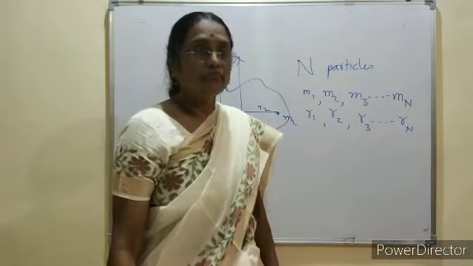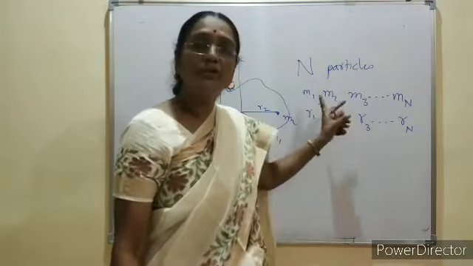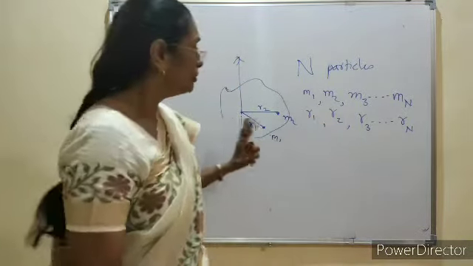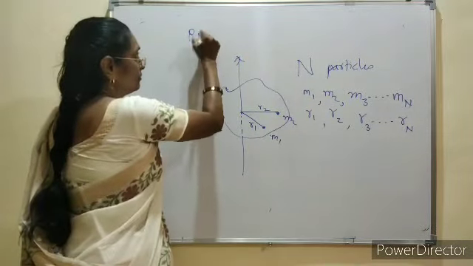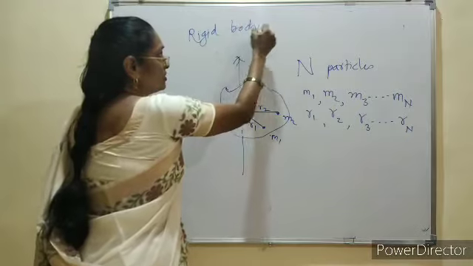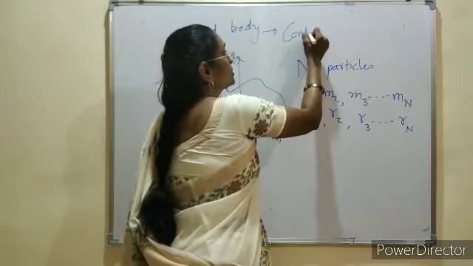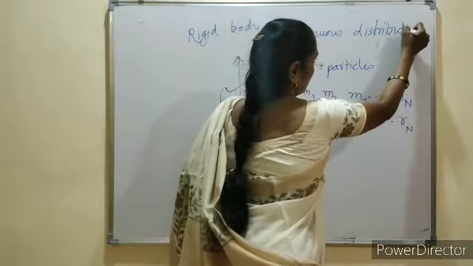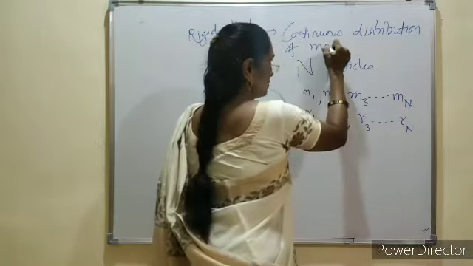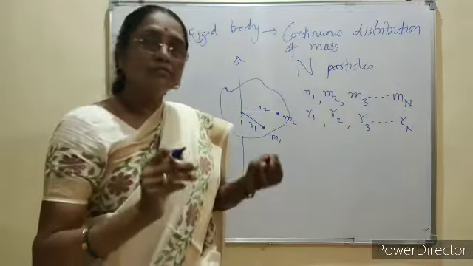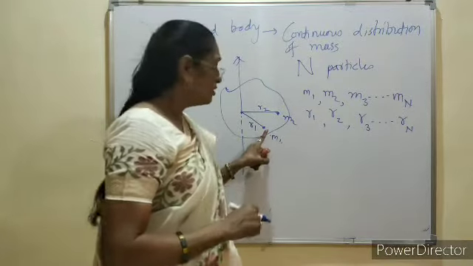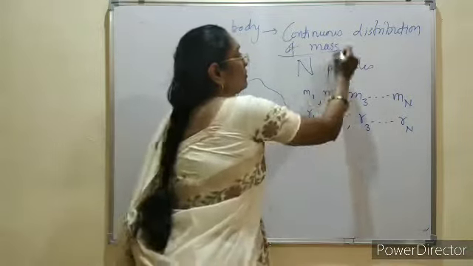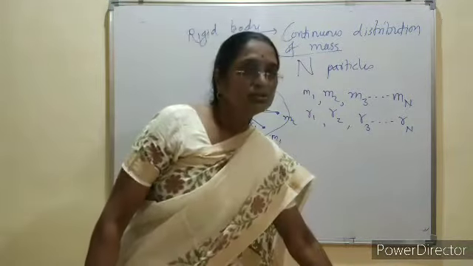But practically we cannot show such particles every time or for every body, because for a rigid body there is a continuous distribution of mass. So we cannot show every time m1 is the first particle, the second particle like this, but the particles are closely situated.